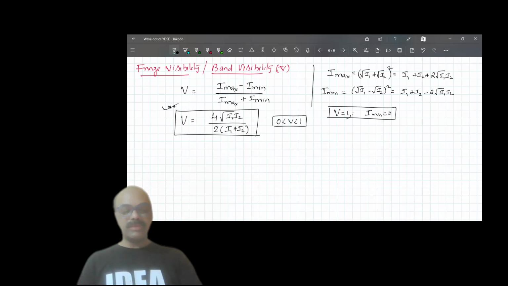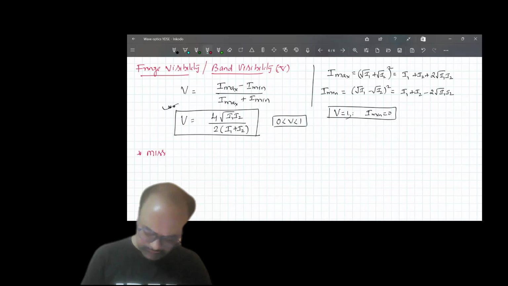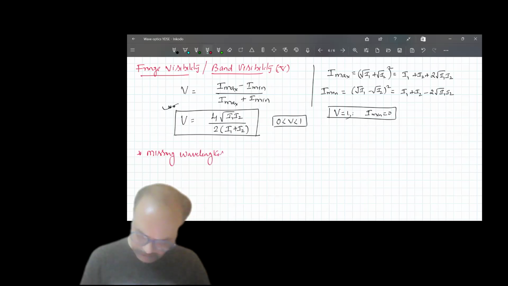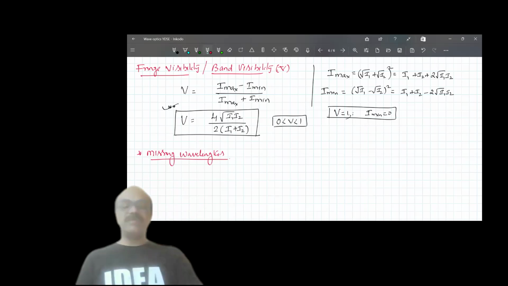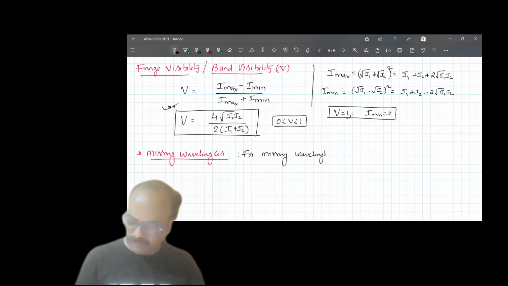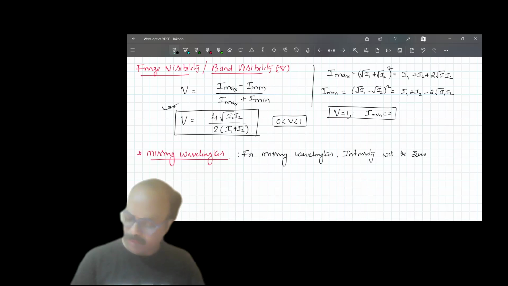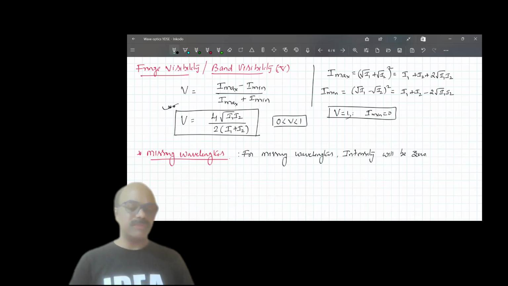Okay? So another one is missing wavelengths. For missing wavelengths, the intensity of the light will be 0, which means the path difference condition applies.